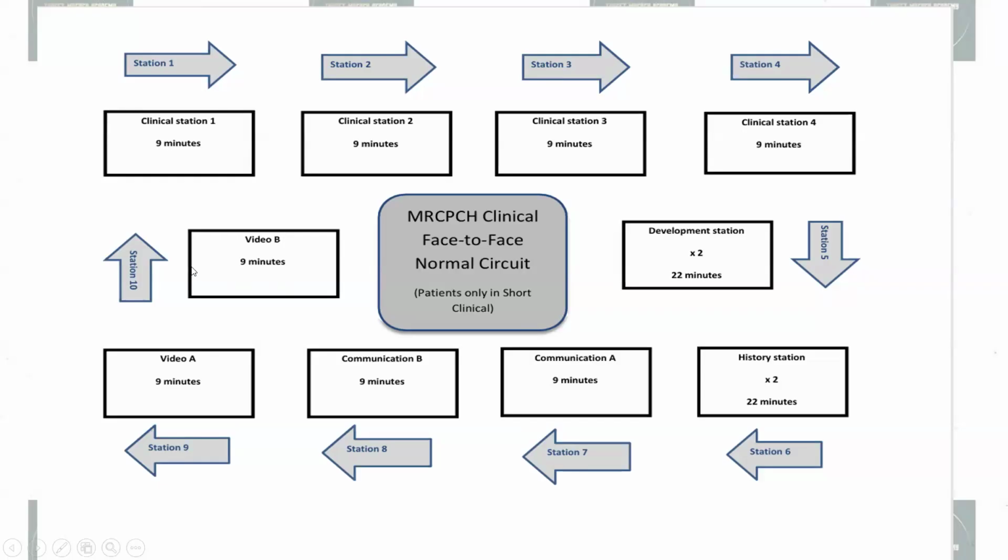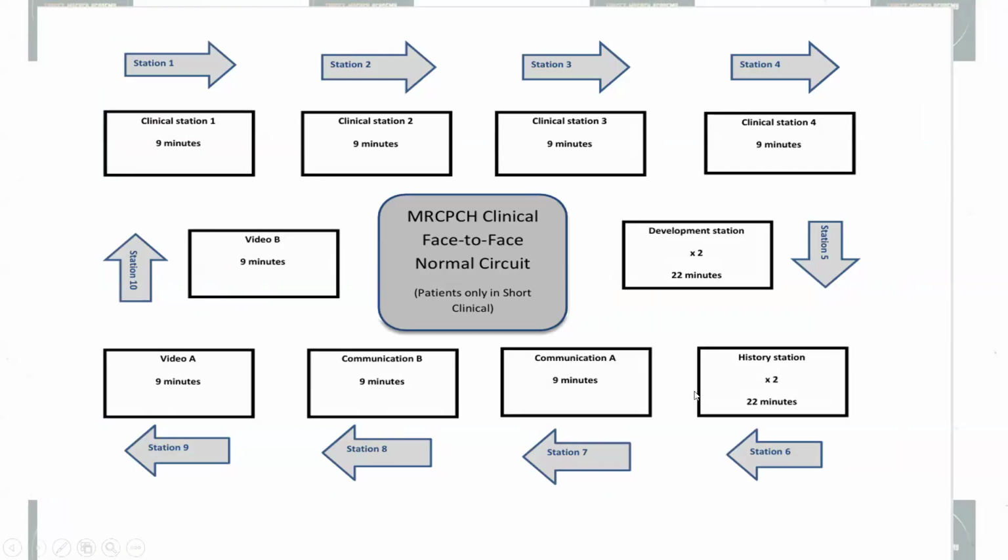If video is your first station, then you will move on along the circuit. You'll do all the 4 clinical stations together and then come to development history. But you can start at any point, depending upon your roll number.